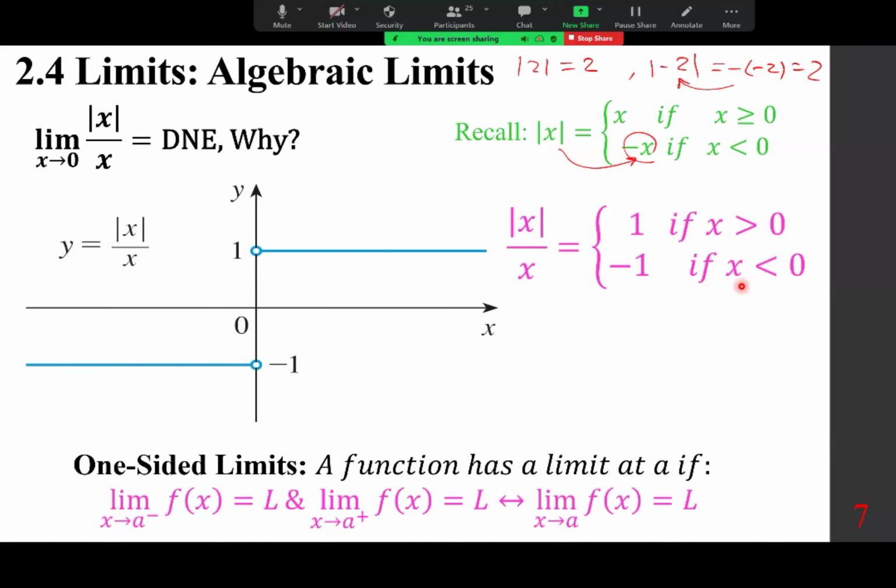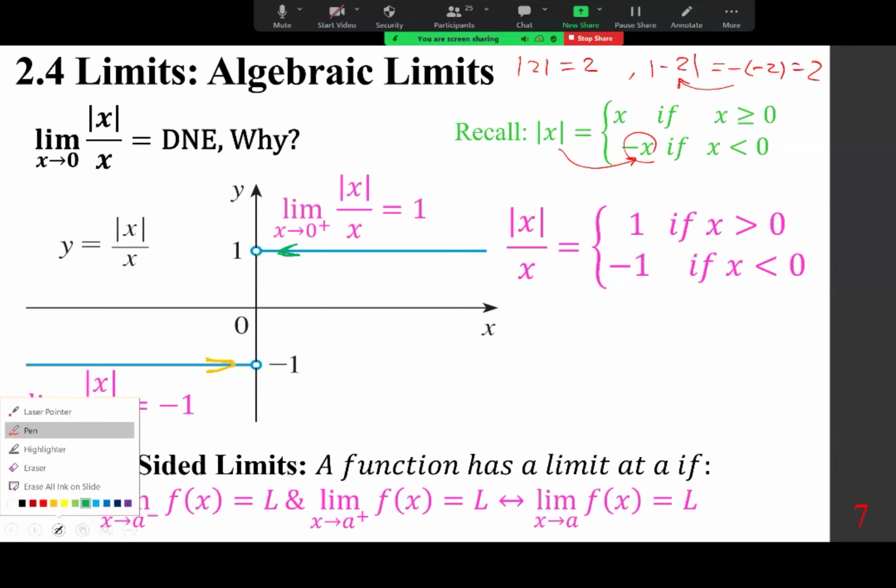And as you can see, the limit of this expression, absolute value of x over x, as x approaches 0 from the left, is taking us this way in this branch to -1, or just look at the answer. But from the right, obviously, is taking us to this point, which is +1, or just keep it from the definition.